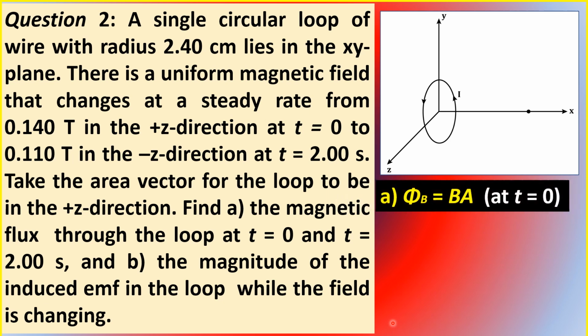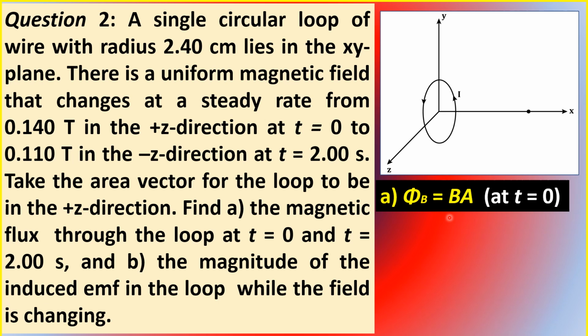So, the formula for determining the magnetic flux, represented here by the Greek letter phi, is just equal to the product of the magnetic field multiplied by the magnitude of the area vector A. We are just describing here the scalar product of the two vector quantities.